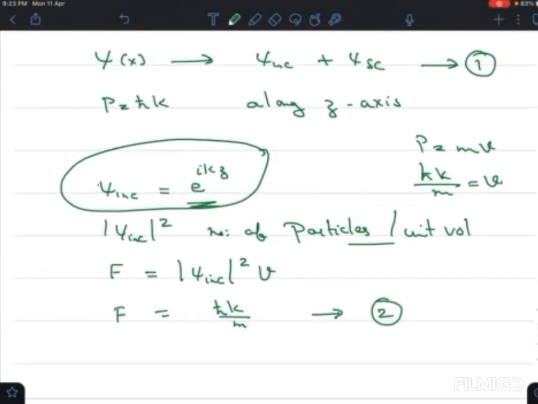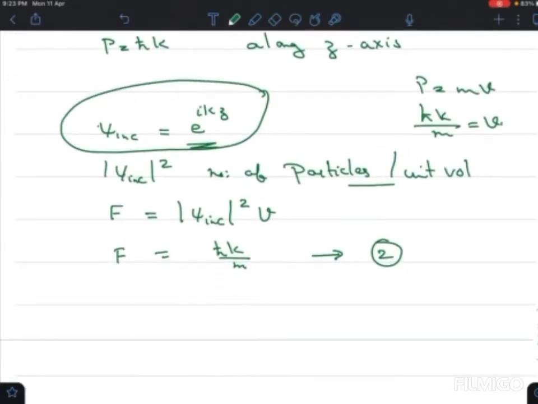Now we will be speaking about the scattered particles. We consider that scattering is elastic. The wave function psi scattered also has propagation, and since it is elastic, it has the same propagation constant k. And we know from the previous talk that it is spherical in shape.